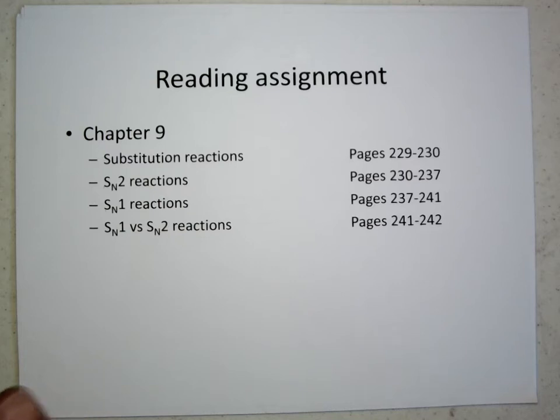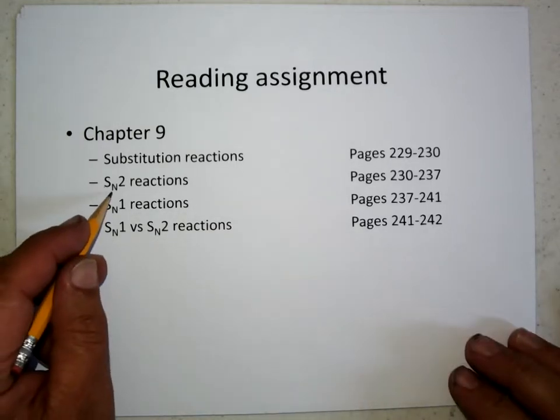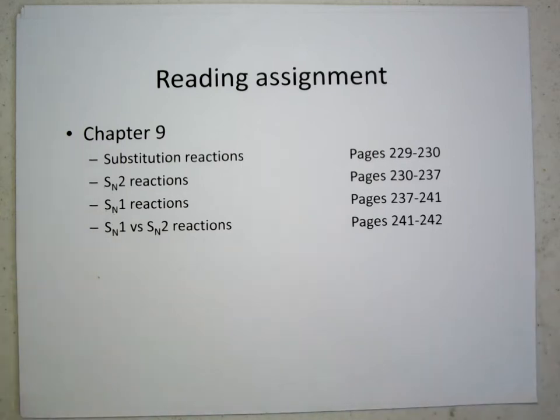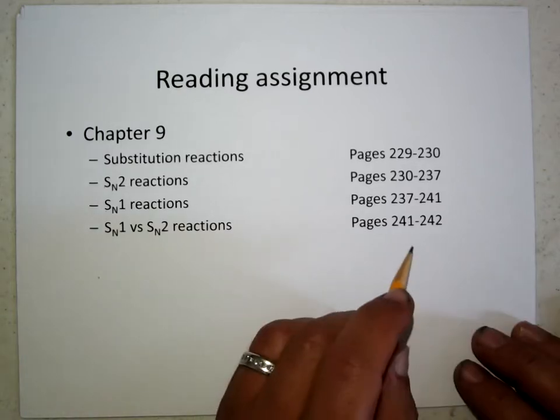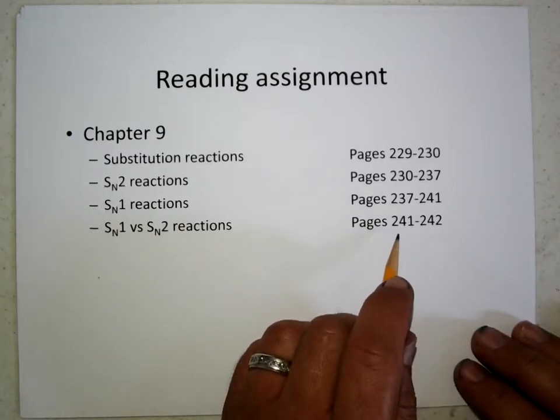We're going to keep this fairly simple and just talk about the most direct and most straightforward examples of SN2 versus SN1 reactions, so you have a little bit of a background in this, as you would expect from an introductory class, and we aren't going to go into excruciating detail. There are some pages to read here, and this is quite a bit of pages.